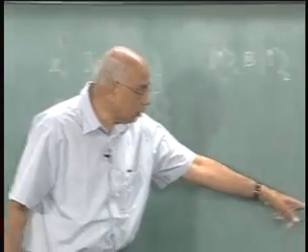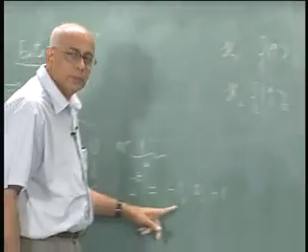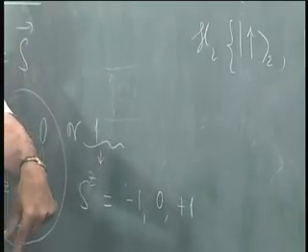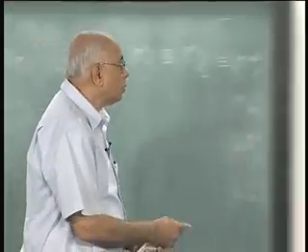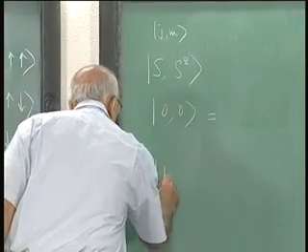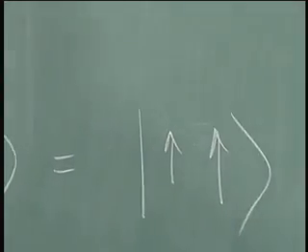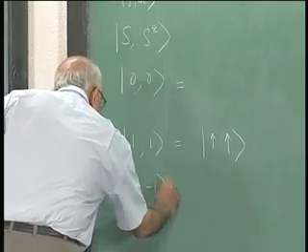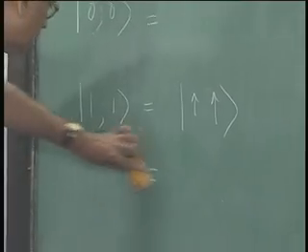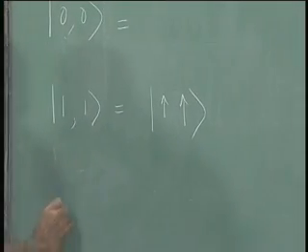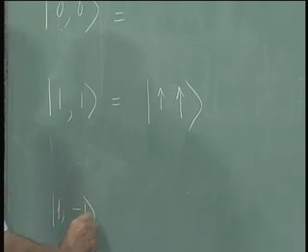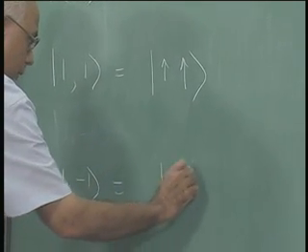Similarly this fellow corresponds to this because both are down and those are easily written down. So 1 1 can be written down and that is just up up. 1 minus 1 can also be written down, and that is down down.